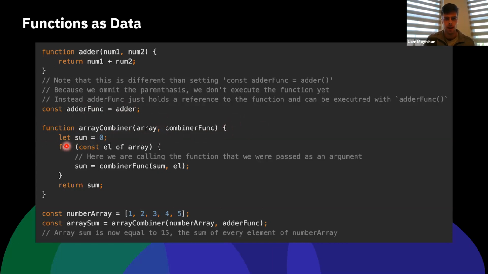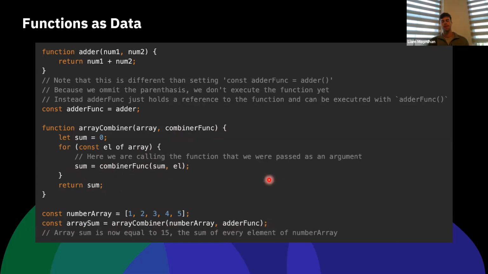So array combiner. We define a sum, and then we're going to use our for of loop here to iterate over every element in our array. And every time we do that, we're going to call combiner func with the sum and the element and return our sum at the end of this. So then down here, we can call array combiner with our number array and our adder func.